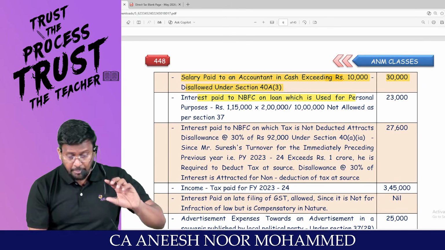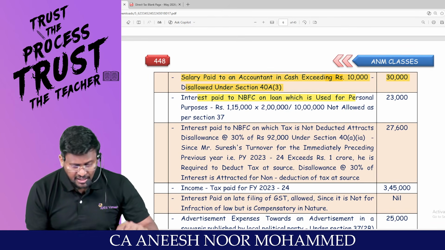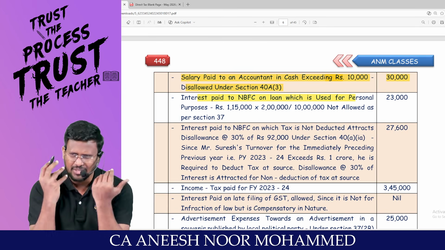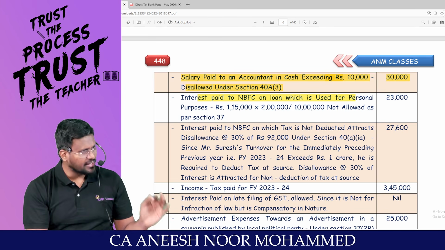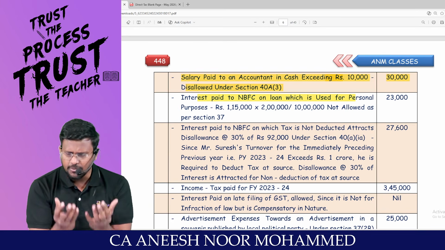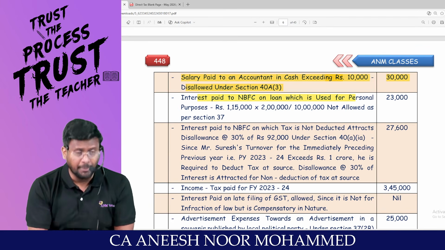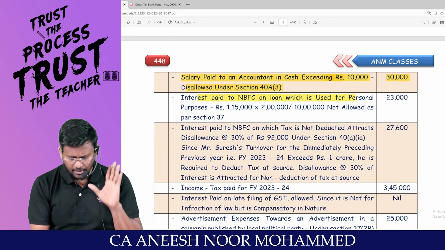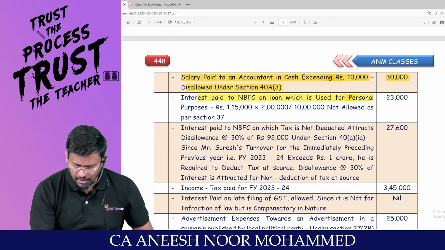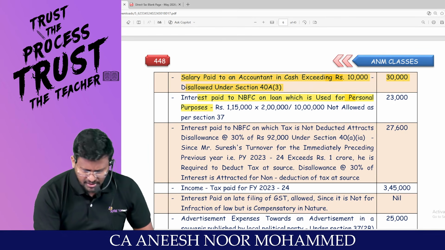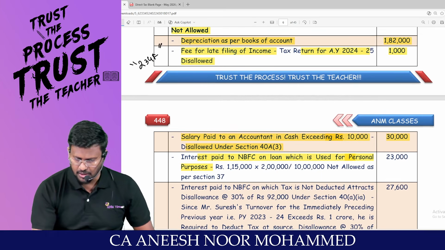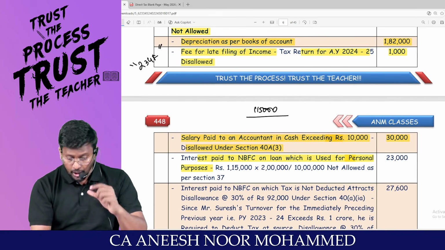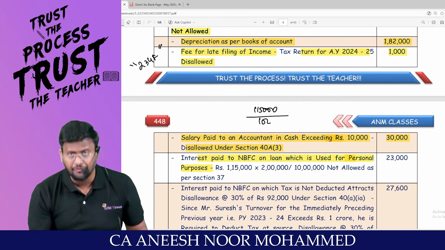Interest paid to NBFC. My dear lovable students, whether you pay interest to NBFC or banking company, if the loan amount has been utilized for personal purpose, on that, how interest can be debited to P&L account? Am I right? In question, if you see, 1,15,000 is the total interest paid for a total loan amount of 10 lakh.